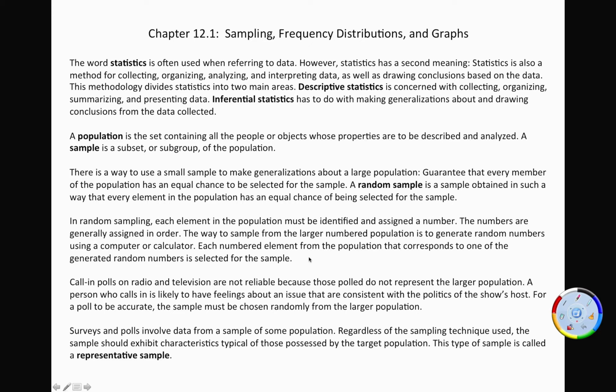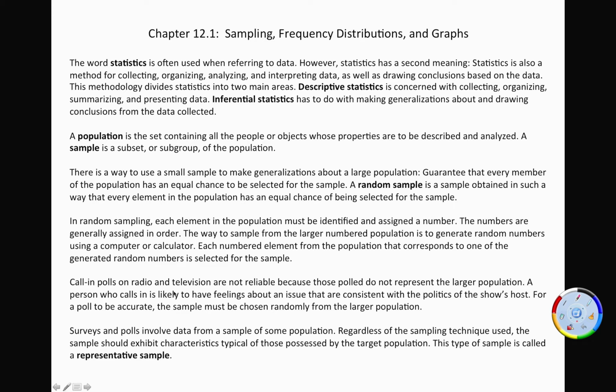Each numbered element from the population that corresponds to one of the generated random numbers is selected for the sample. Another example of that is put all the numbers in a hat. All right, stick your hand in, shake them around, draw one out. That's random, as long as there is a paper in the hat that represents every member of the population.